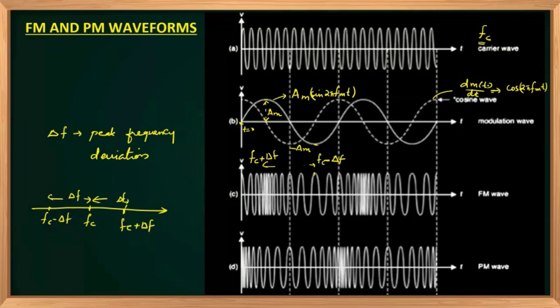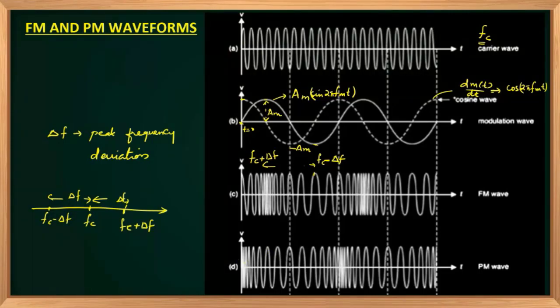When the derivative of the message signal is maximum, the frequency deviation becomes the maximum value. So you can see maximum frequency at t equal to 0, where the derivative of the modulating signal, which is a cosine wave, is maximum. The cosine wave has its peak value at t equal to 0. So the PM wave has maximum frequency at t equal to 0.